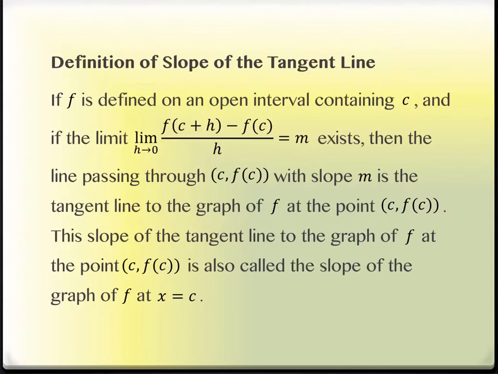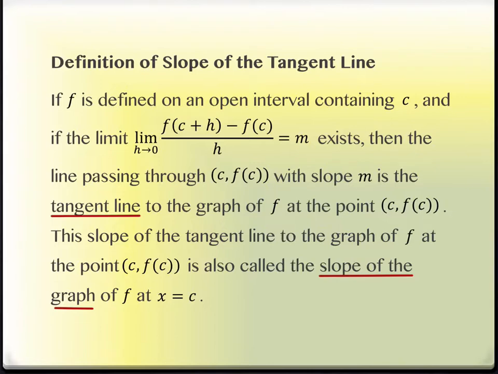If f is defined on an open interval containing C, where defined means that we don't have any gaps or holes or asymptotes, and the limit as h goes to 0 of f of C plus h minus f of C over h equals m, that limit exists, then the line passing through that point with the slope m is the tangent line to the graph of f at the point C, f of C. The slope of the tangent line to the graph of f at the point C, f of C is also called the slope of the graph at x equals C.